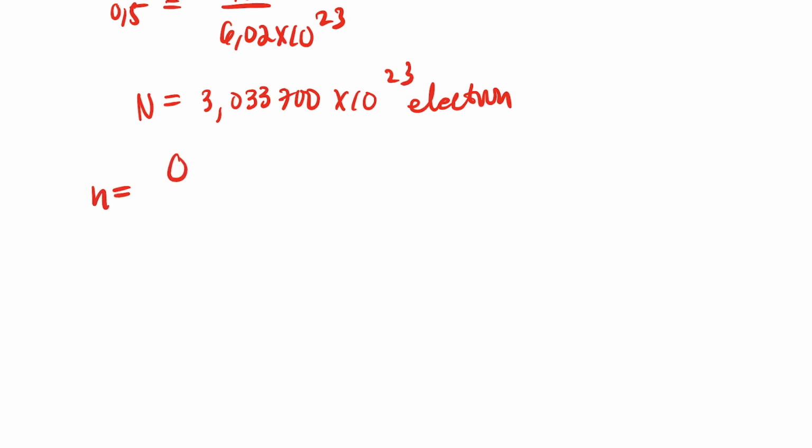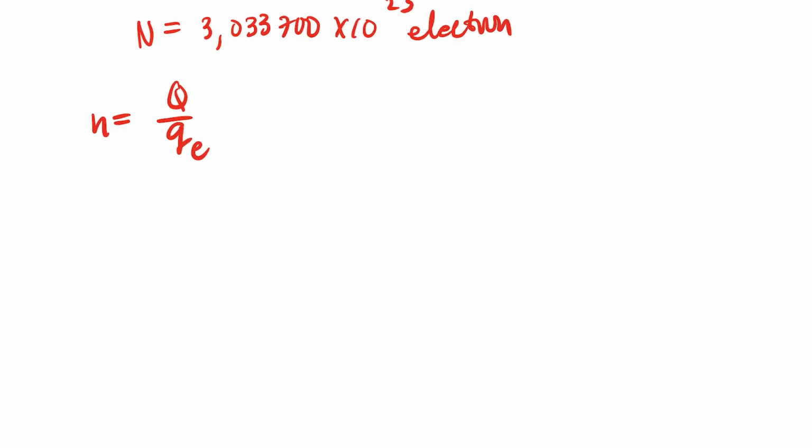Number of electrons is equal to Q over qe. We take this number of electrons, 3.01 times 10 to the power 23, which is the answer on my calculator.